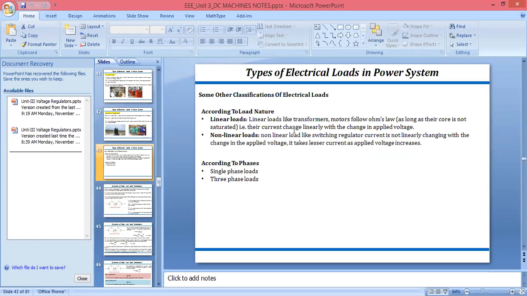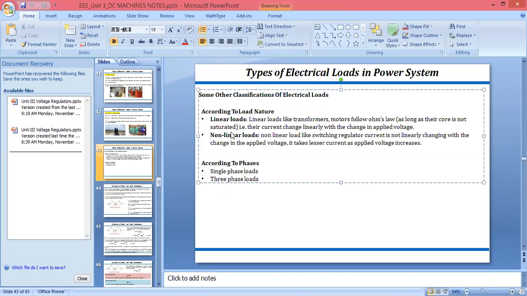But if it was linear, if we give less voltage, it will give less current, and if you give more voltage, it will give more current. So in linear load, current is linear with respect to the applied voltage, and in non-linear, the generated current will be non-linear with the applied voltage. That we can say is a non-linear load.